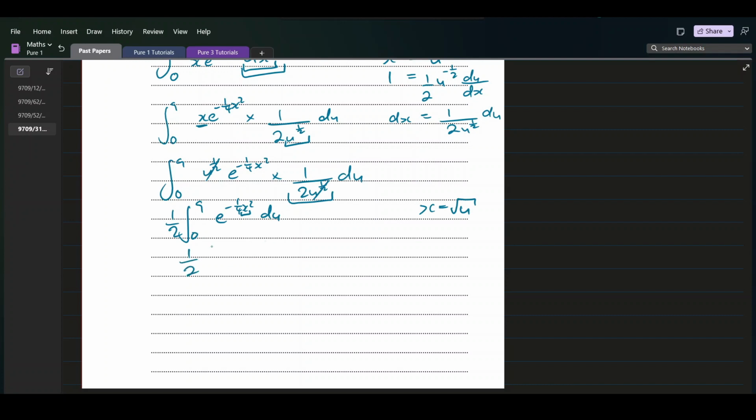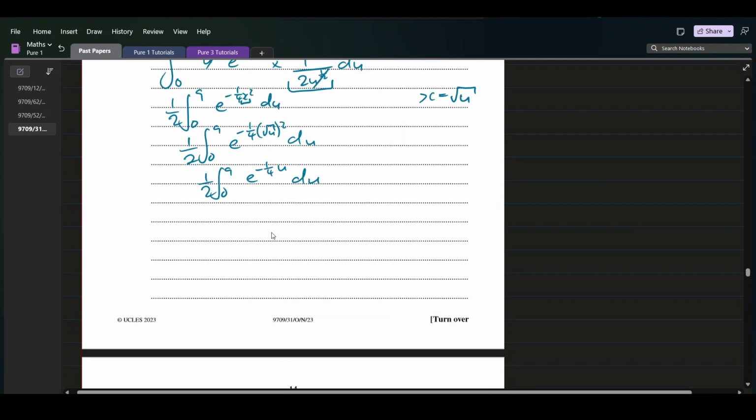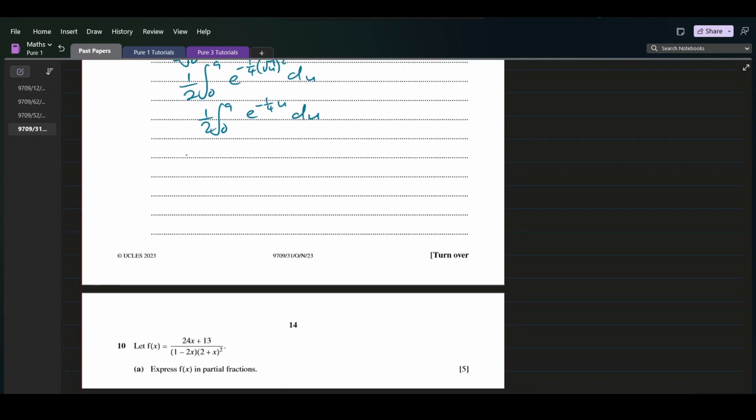So that becomes half the integral from 0 to 9 e to the negative 1 over 4, and then you've got root u squared with respect to u, so that becomes half the integral from 0 to 9 of e to the negative 1 over 4 root u squared is equal to u, and this is with respect to u. Now we can finally integrate.